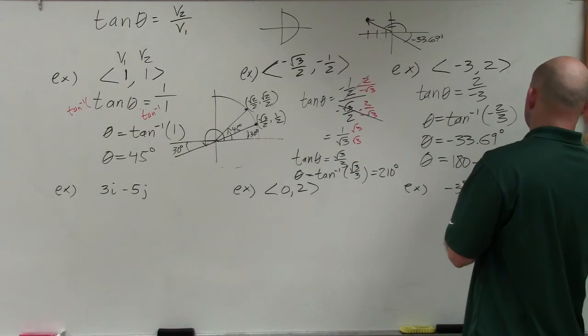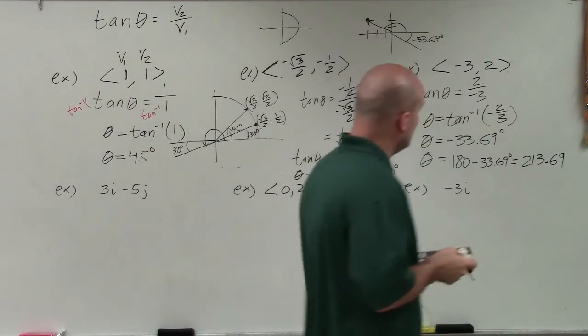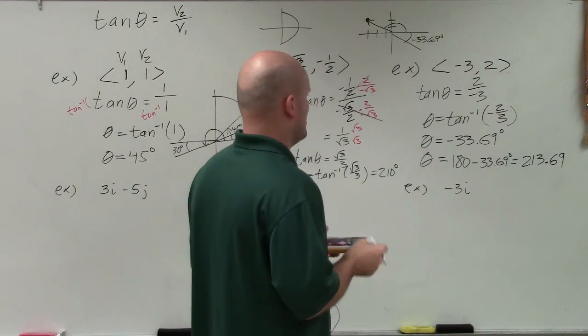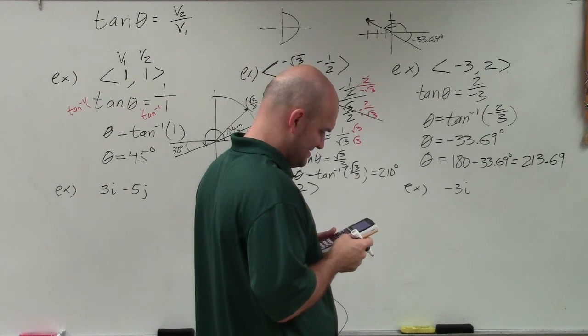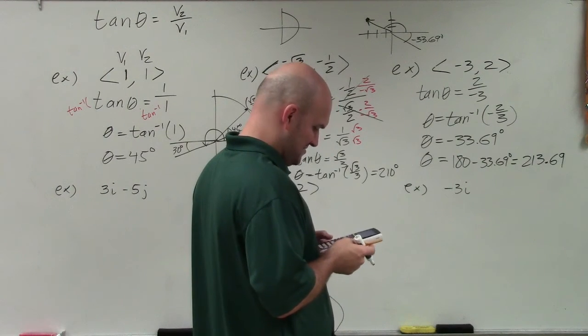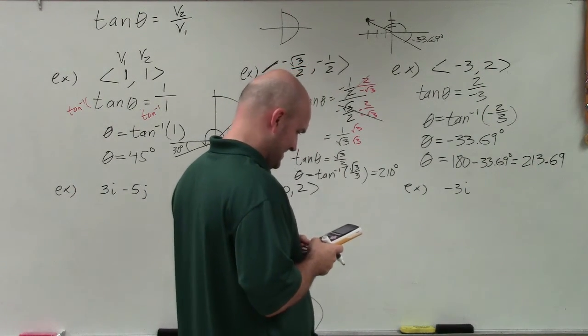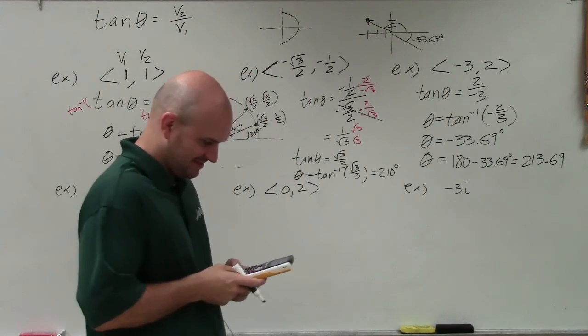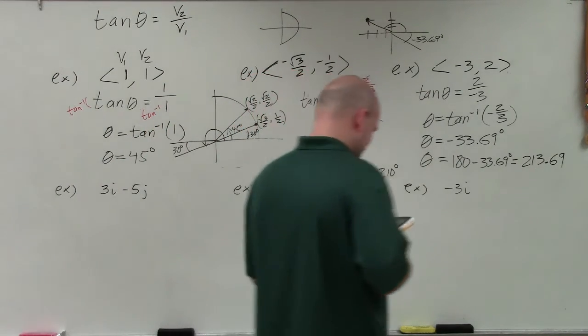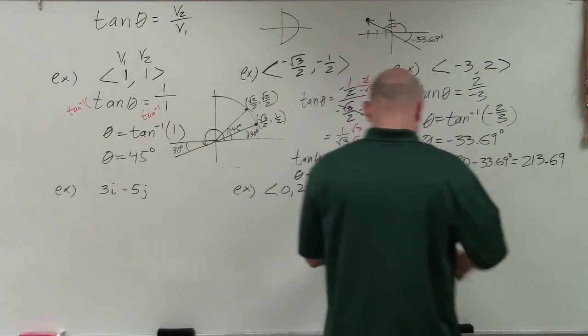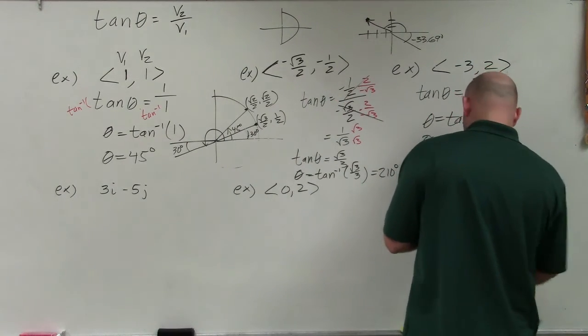And that's not, oh, wait. Oh, oops. 180 minus 33.69. Sorry, I typed that in wrong. That gives me 146.